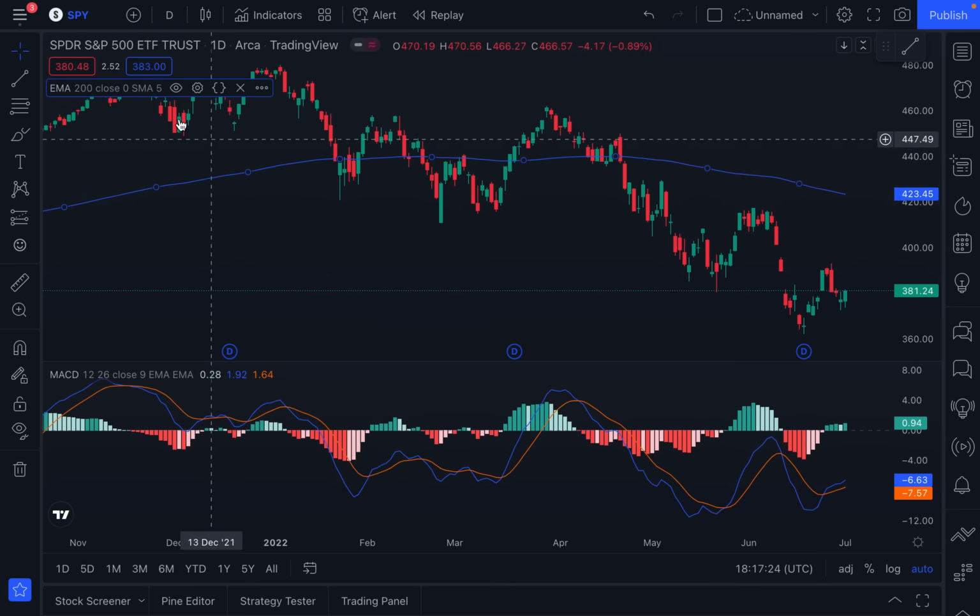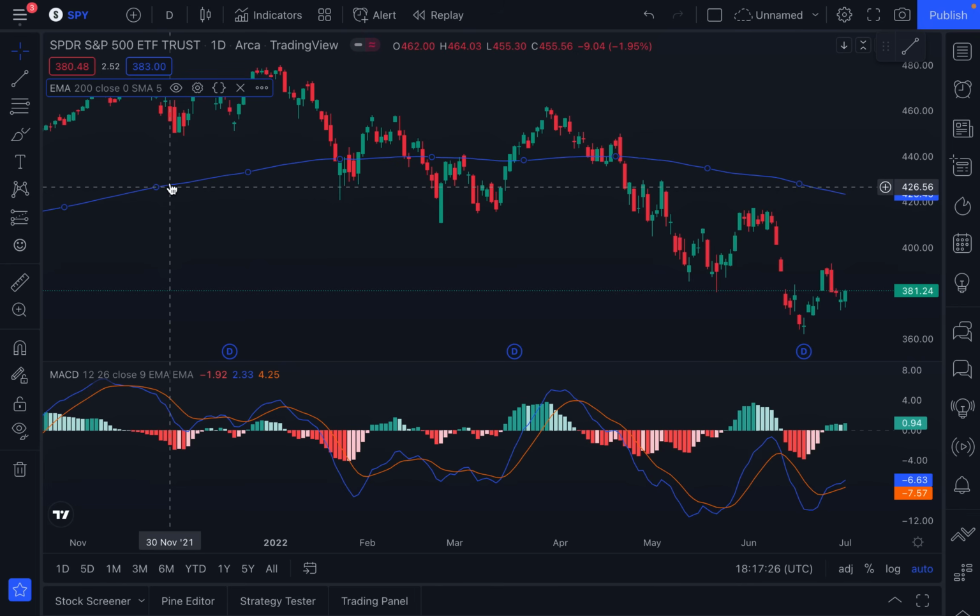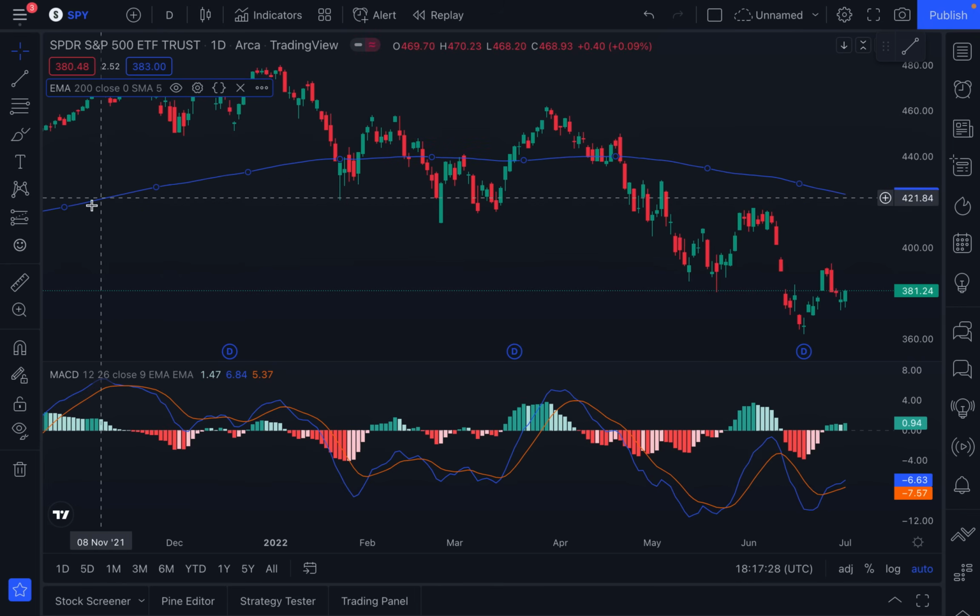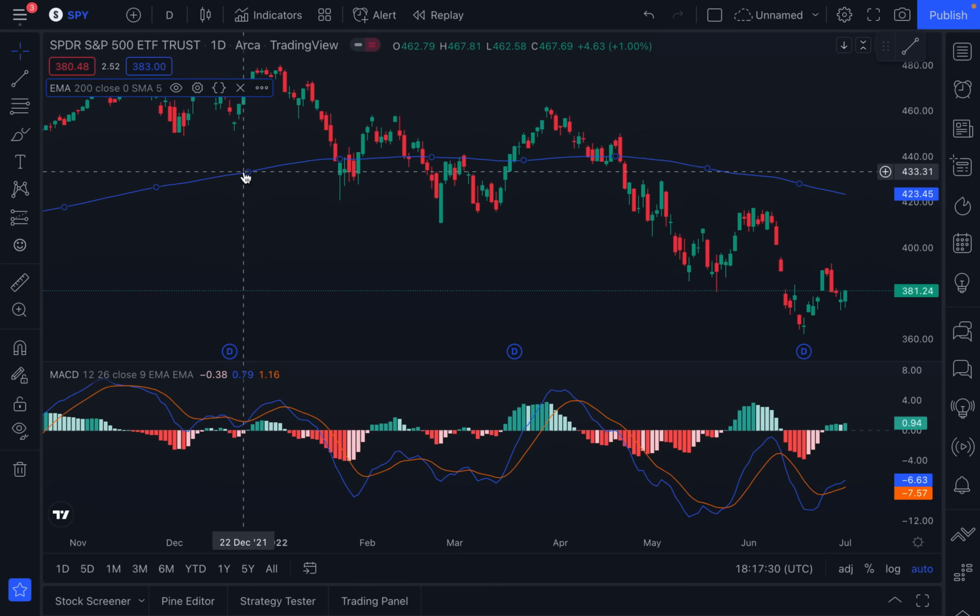Remember, if the price is above our moving average, and our line is pointing upwards, that lets us know that we are in an uptrend, meaning during that period you probably only want to be entering long positions, bullish positions, right? You don't want to trade against the trend.